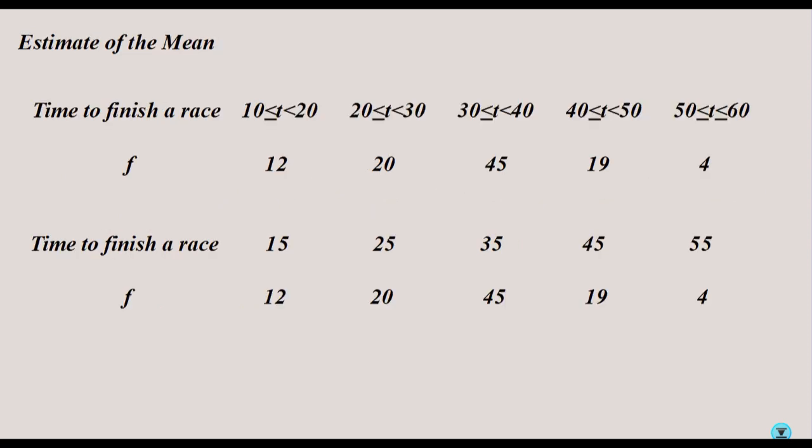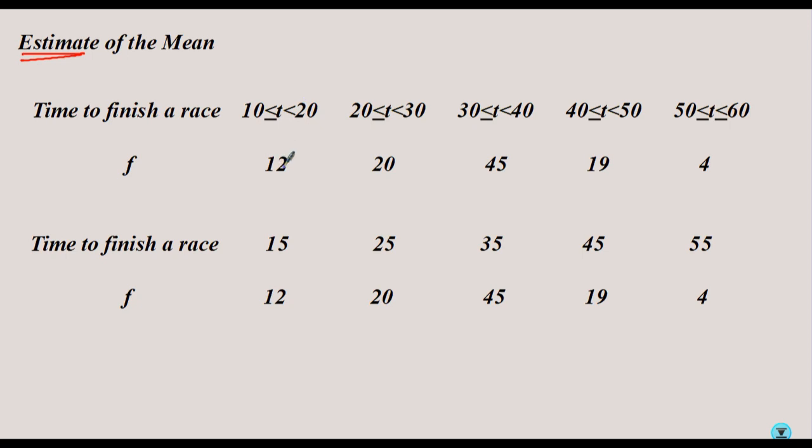So let's consider how we estimate the mean. And I need you to stress the point that we are going to calculate an estimate of the mean, for reasons that will become apparent soon. So this is our grouped frequency table, and we want to calculate the mean. Now, since we don't know how those 12 people arrived within the interval, we are obliged to make an assumption.